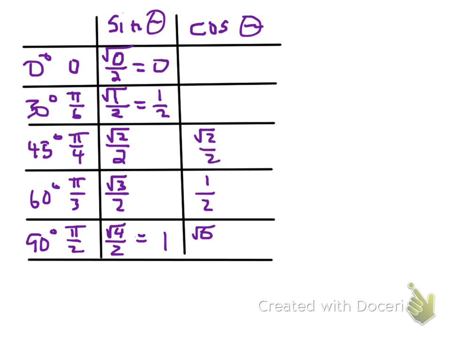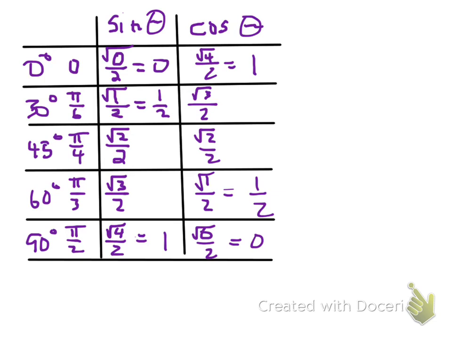And we got the same pattern, right? Everything over 2, square root of 0, square root of 1, square root of 2, square root of 3, square root of 4 over 2 is 1. All right.